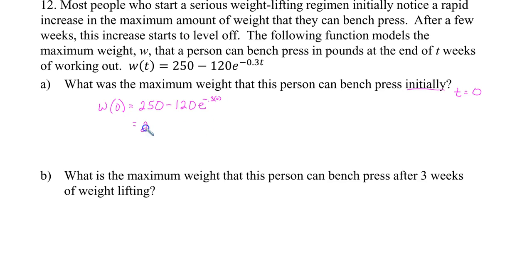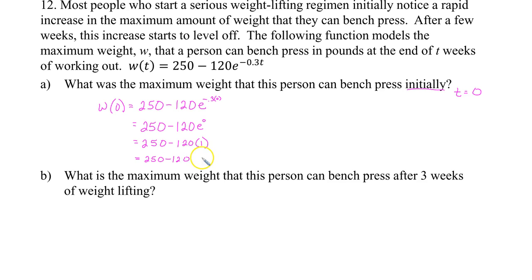Well, I'm going to take a little step in here and make sure that you simplify this correctly. e to the anything times 0 power is going to be e to the 0 power. And e to the 0 power, we don't even need a calculator for this as it turns out. e to the 0 power is 1. You remembered that. And so since e to the 0 power is 1, I have 250 minus 120.